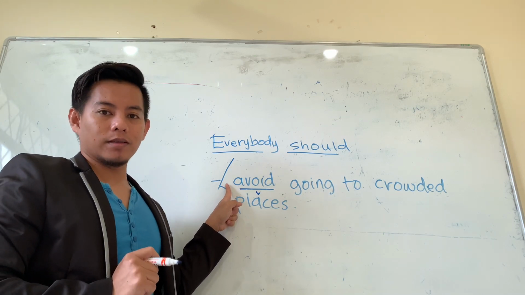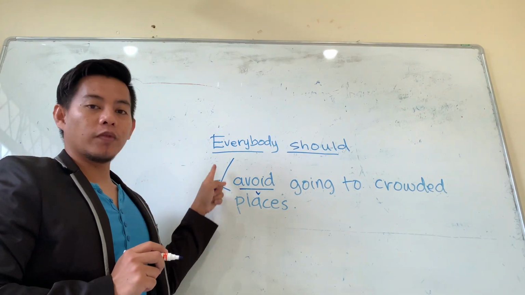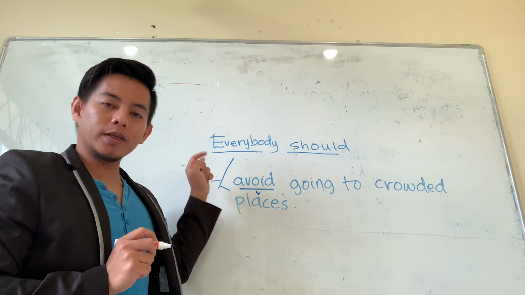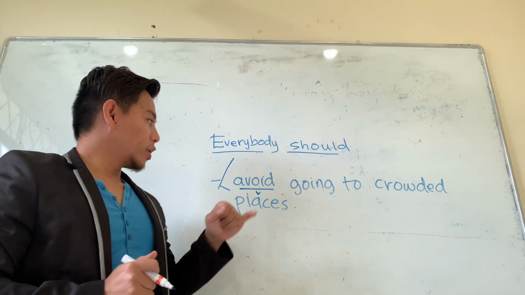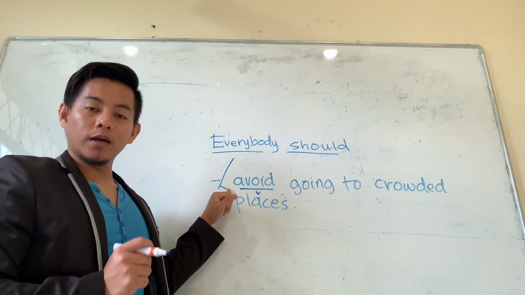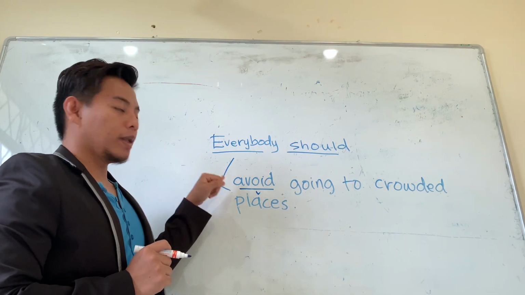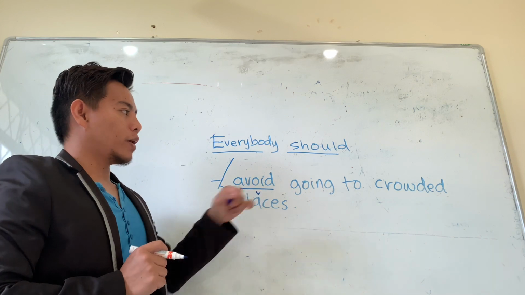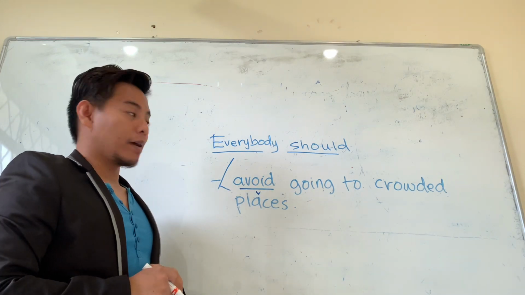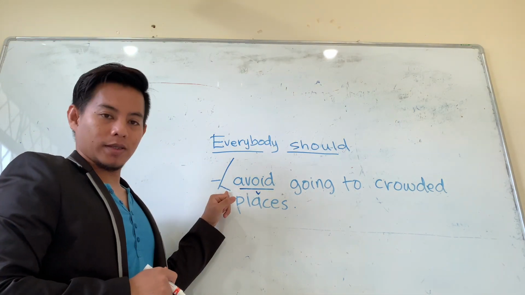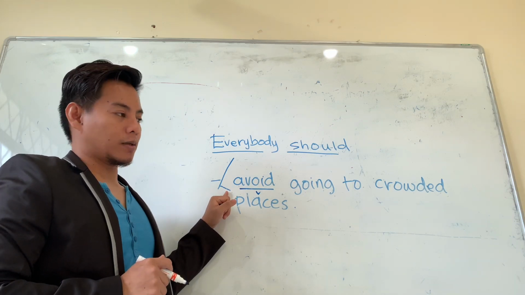The sentence is incorrect because after the word everybody, which is a singular subject, you have to use singular verb form, which is everybody avoids going to crowded places.